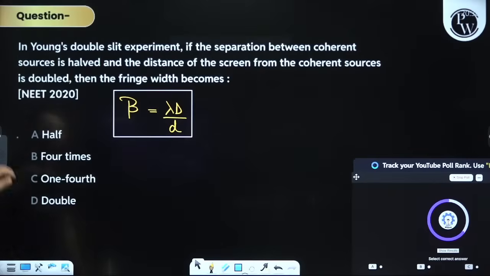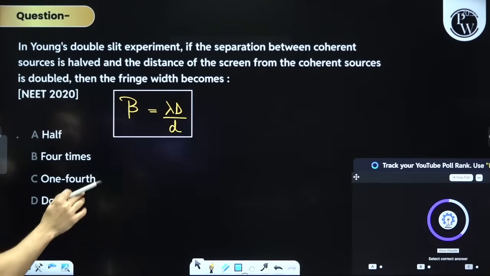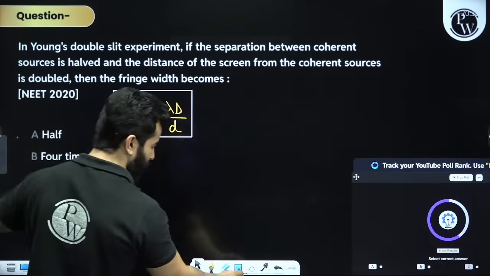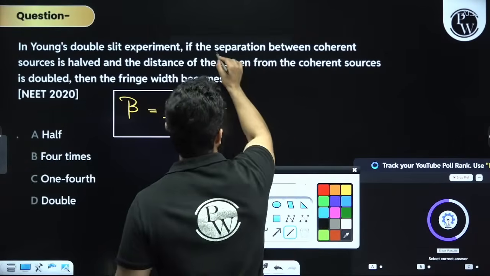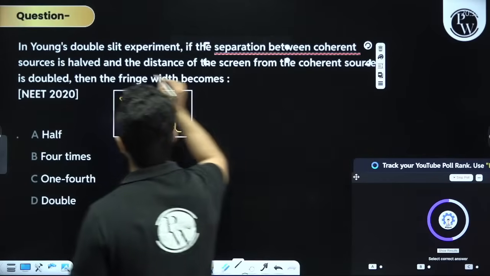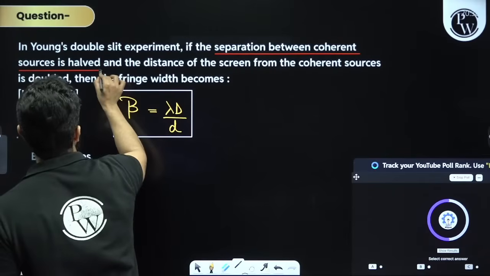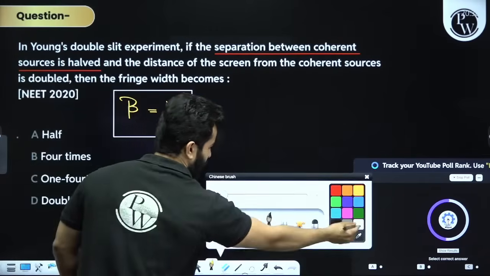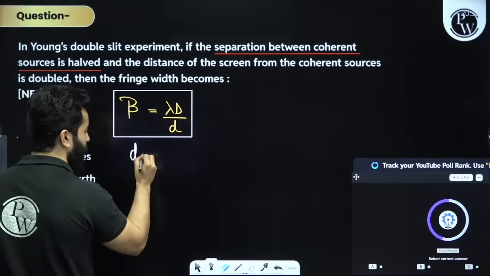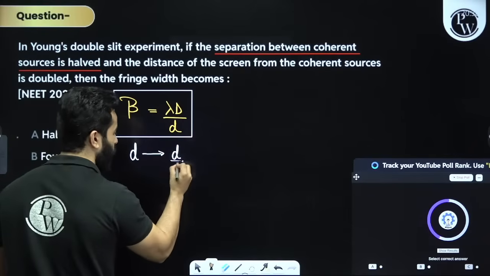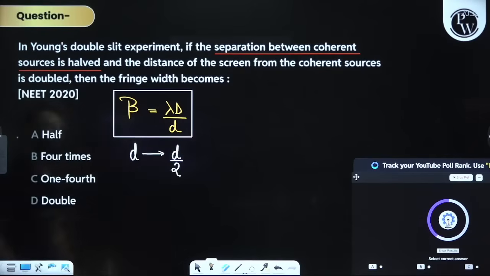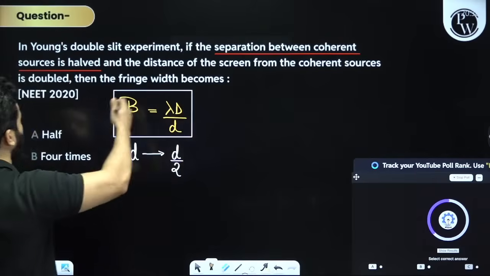And now they are saying you are not changing lambda. You are saying that the separation between the coherent sources is halved. This means that small d has been changed to d by 2. And then they are saying the distance of the screen from the coherent sources is doubled.